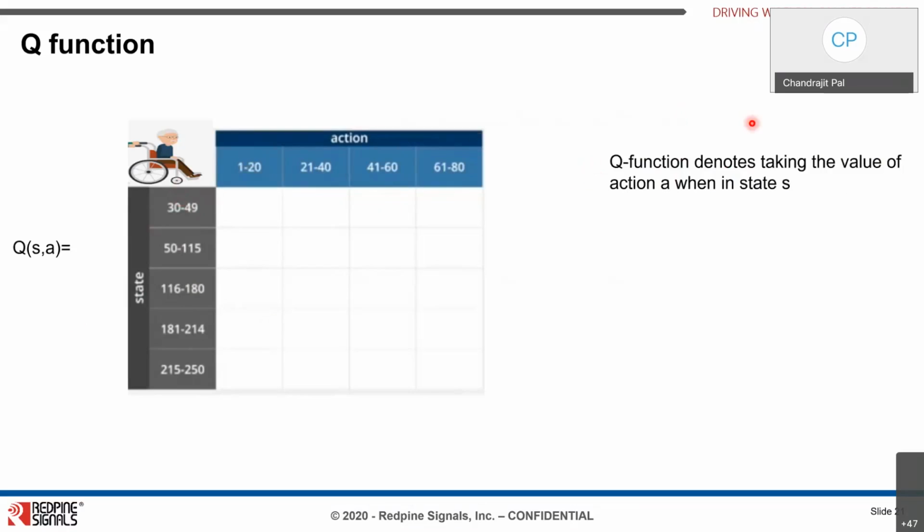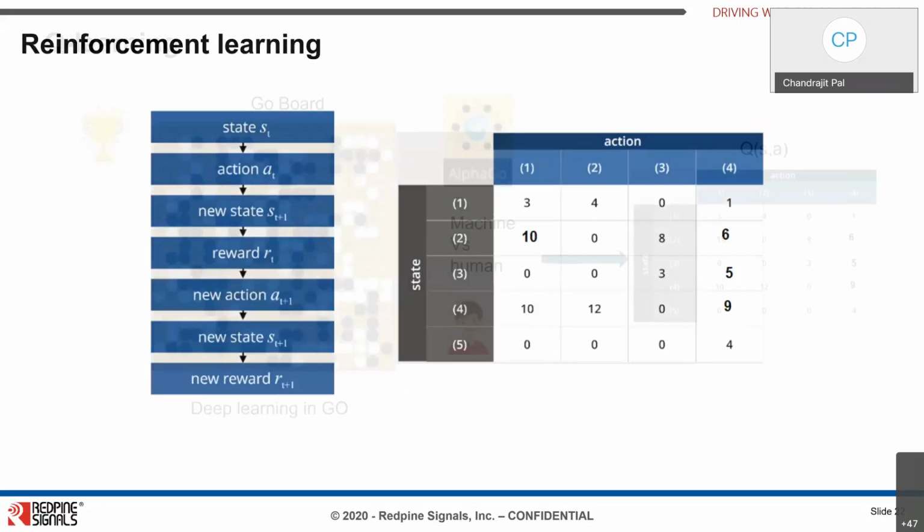Just try to think of the neural nets which we discussed yesterday, the multi-layer perceptron, where the inputs to the multi-layer perceptron are the set of states, and the outputs of the multi-layer perceptron are the set of actions. Given a state, what will be the action, so that the state change is maximized, the reward is maximized, there is a successful state change. Given a particular state, the optimal set of actions to be taken will be governed by the output of the neural net.